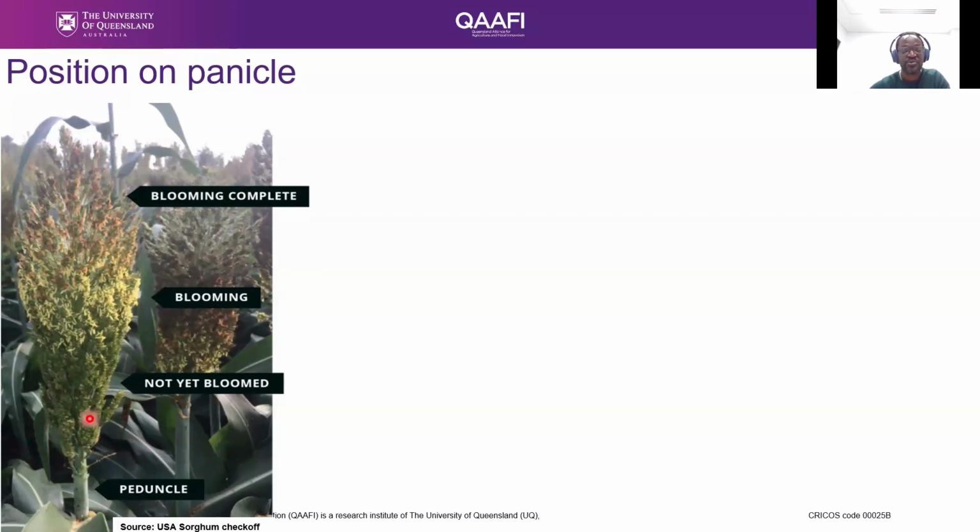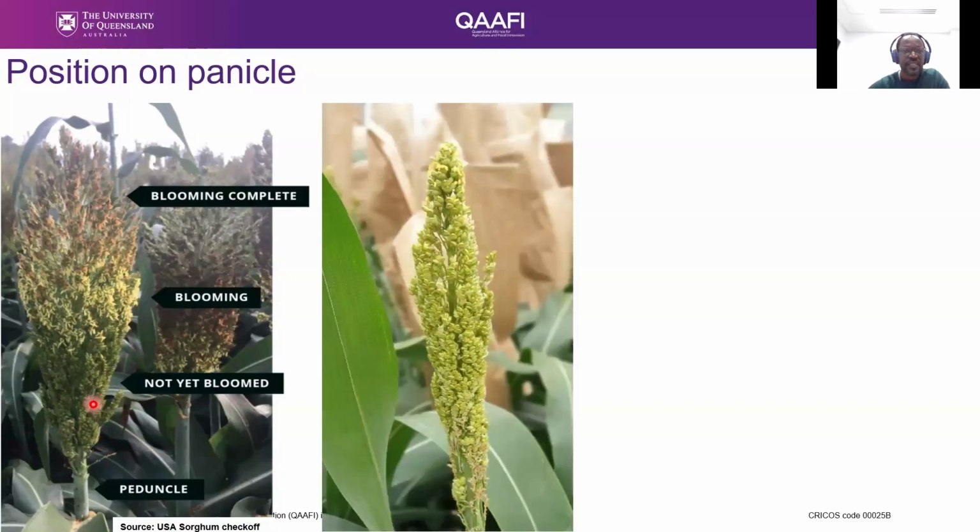So we sought to investigate if estimating grain filling duration at either of these panicle positions would be representative of the entire panicle. To do that, we identified a panicle position, and when that position started flowering, we recorded the flowering.